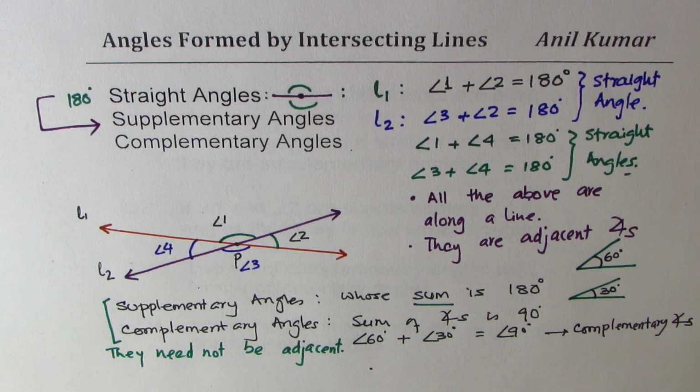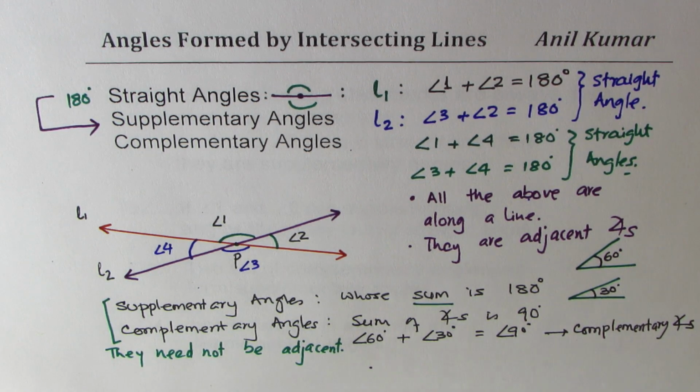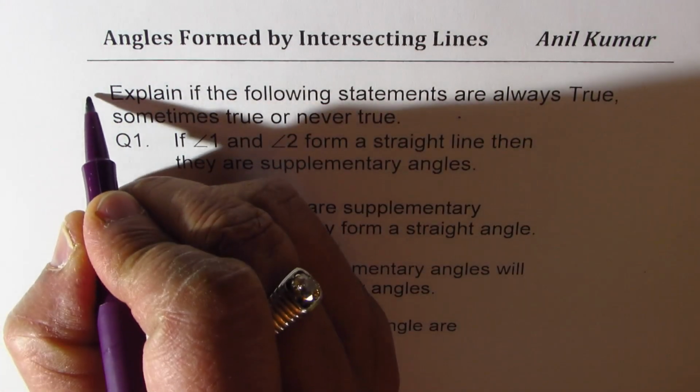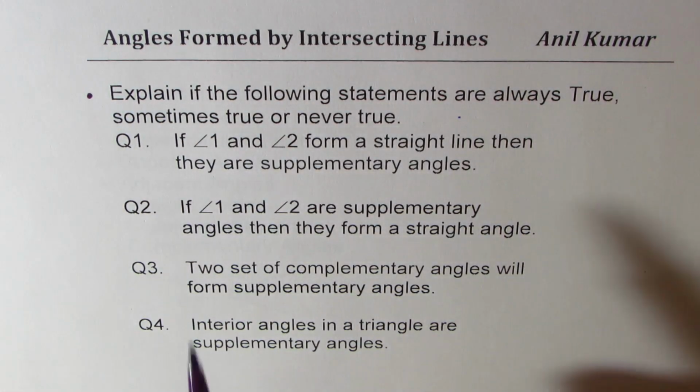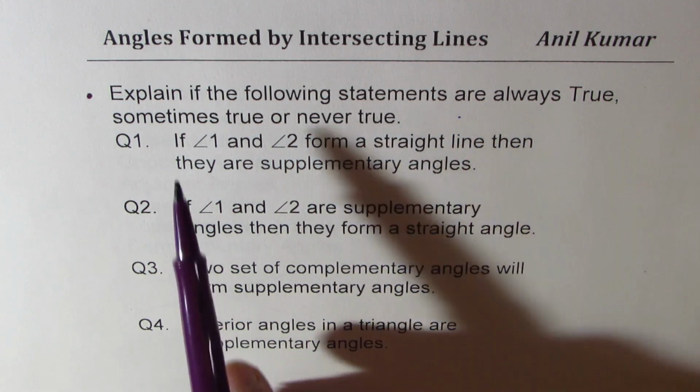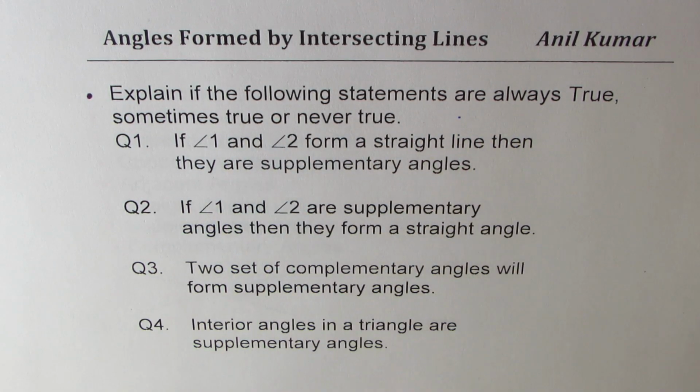Now, if that is clear to you, then you should be in a position to answer these 4 questions. So take this as a test. Explain if the following statements are always true, sometimes true, or never true. So we have 4 questions for you.